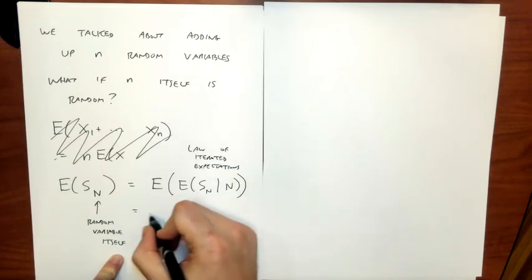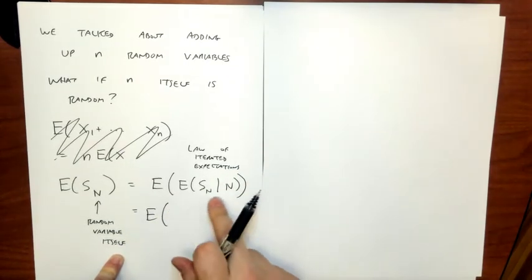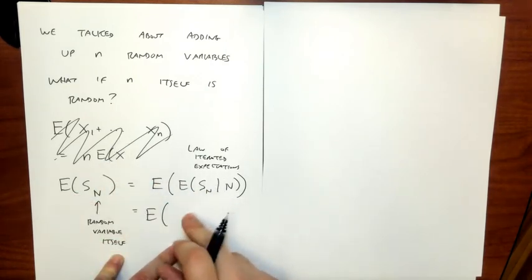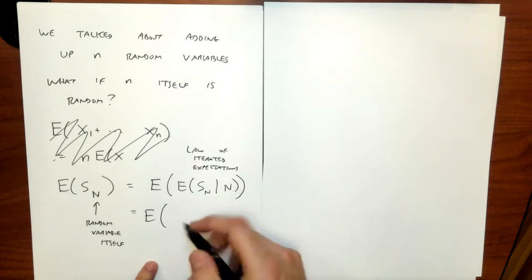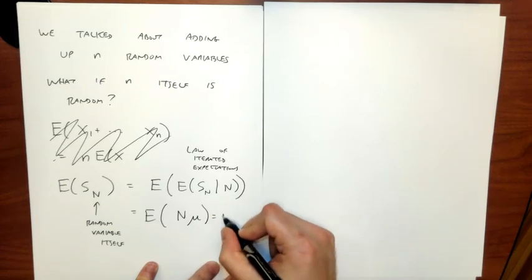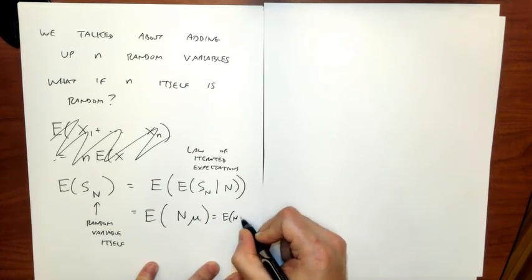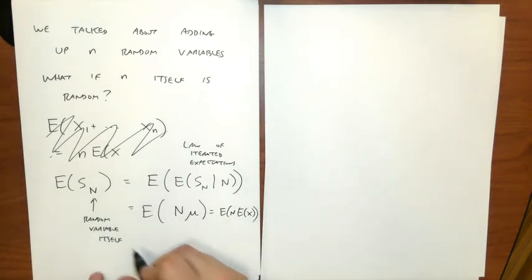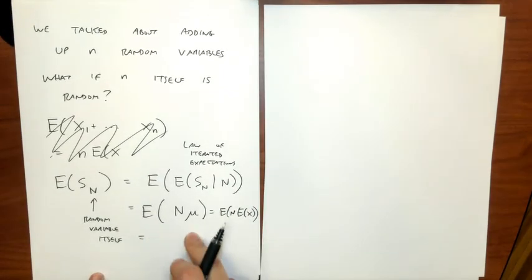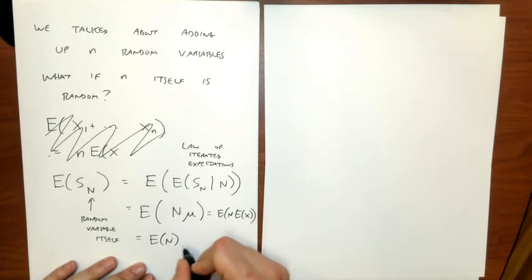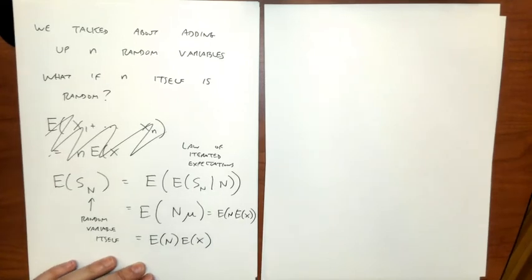Here, if I tell you what n is, the expected value of the sum is just n times mu, or n times the expected value of whatever x is, right? And now I take the expectation again, and I take the mu out, and I have the expected value of n times the expected value of x, right?